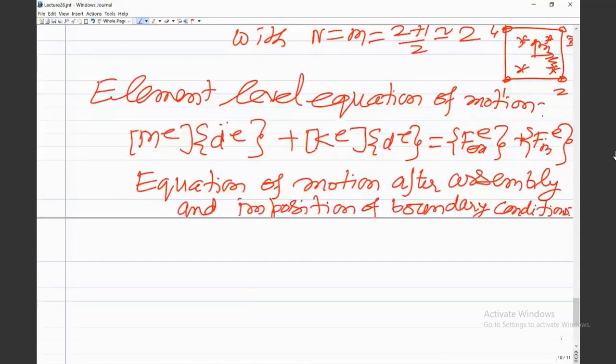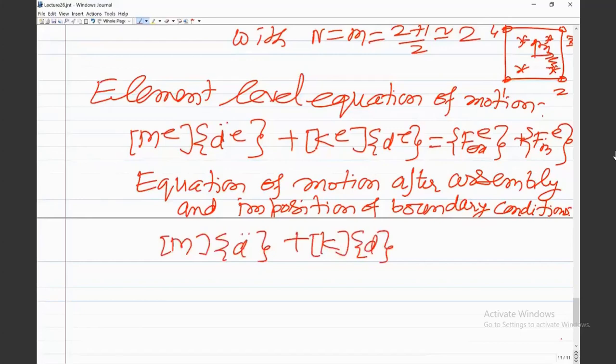So we get this equation, usually denoted by M, the global mass matrix, into d double dot plus k into d is equal to F. Where M is the global mass matrix, k is the global stiffness matrix, F is the global load vector, and d is the global vector of degrees of freedom, and d double dot is the acceleration vector.